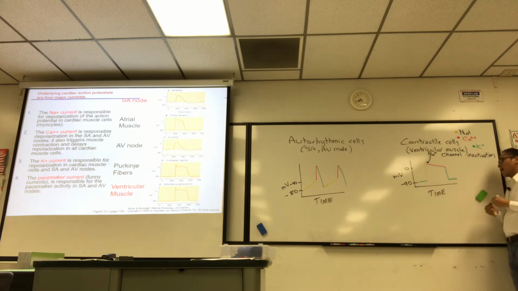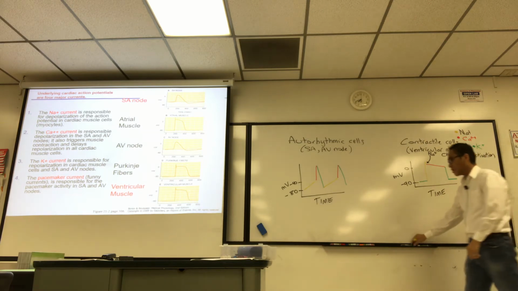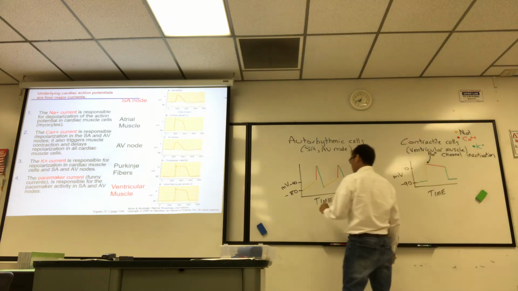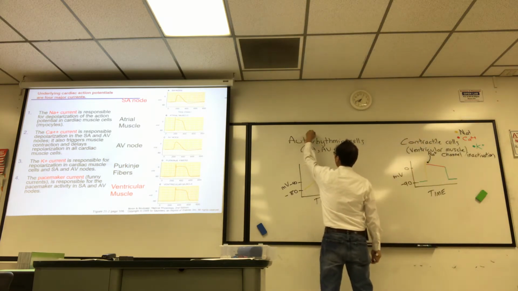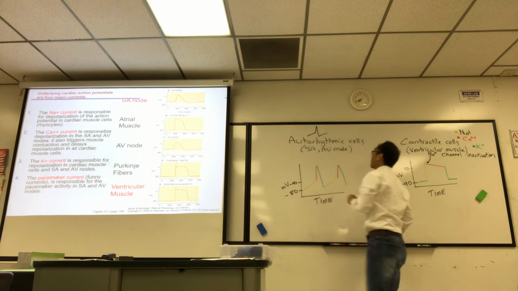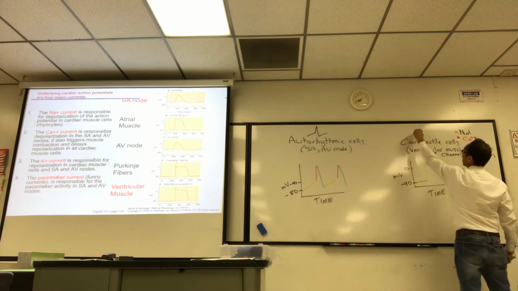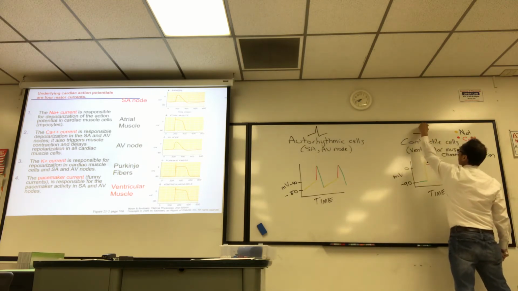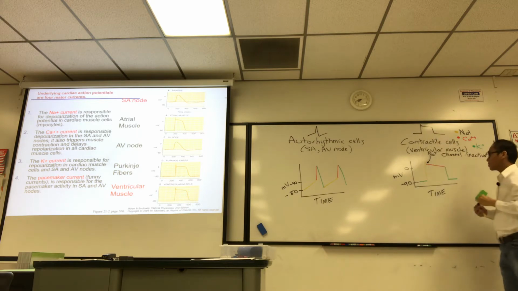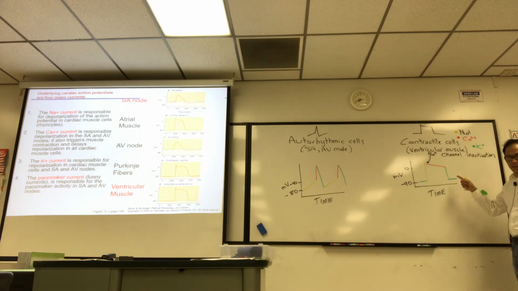So I'll use green for that. And so this is what I was trying to draw in your notes. You already drew these, right? Just make the connection in your notes. Remember how I drew this before? I drew that before in your notes. I just want you to know what current carries what.